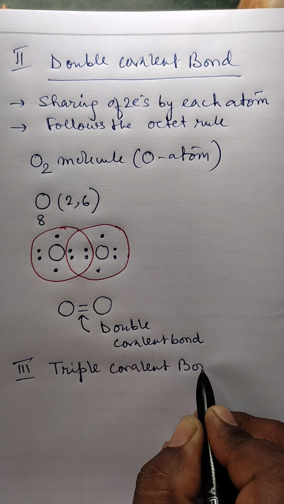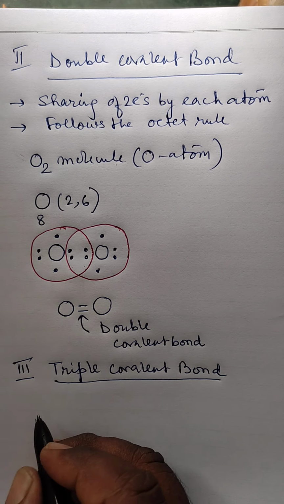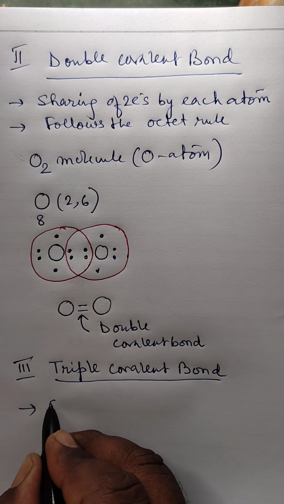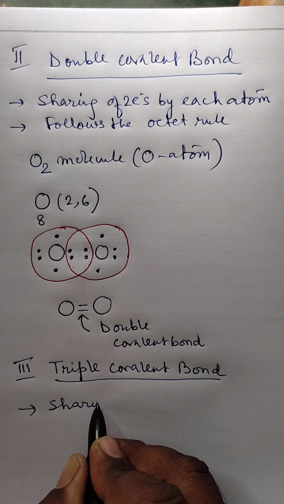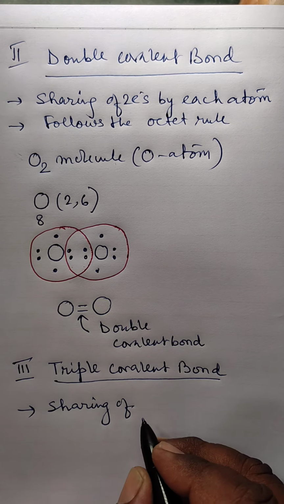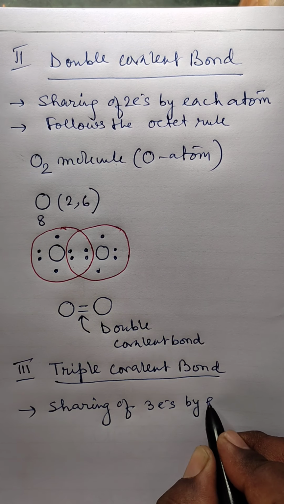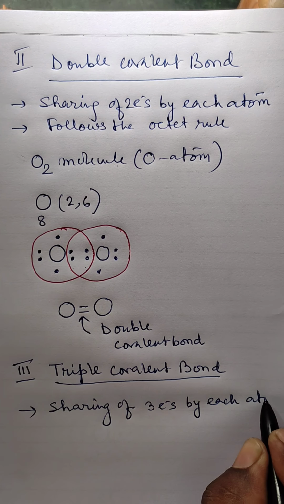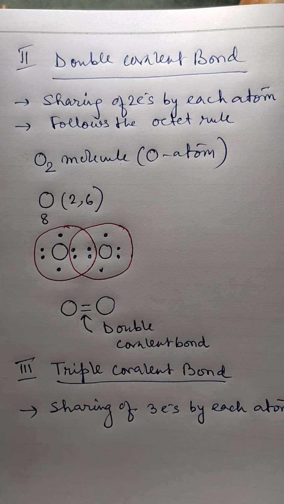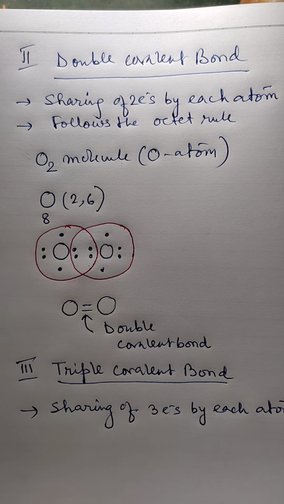In a triple covalent bond, there is the sharing of 3 electrons by each atom. As we could see in the previous one, there was the sharing of 2 electrons for a double covalent bond. In this case, there is the sharing of 3 electrons in a triple covalent bond.